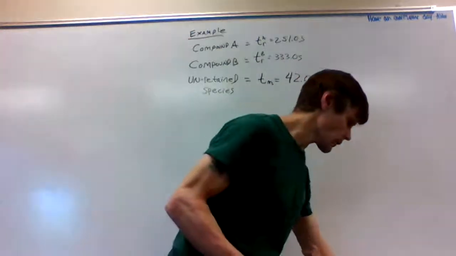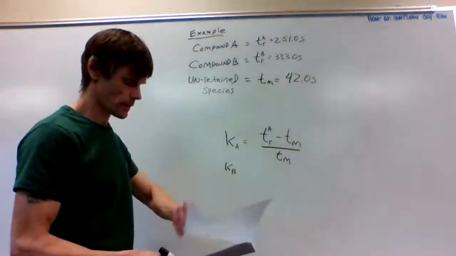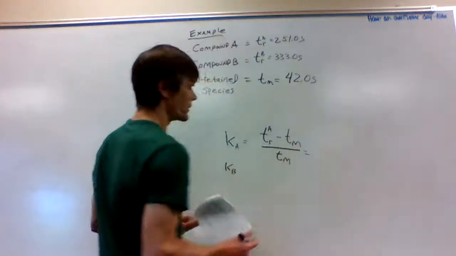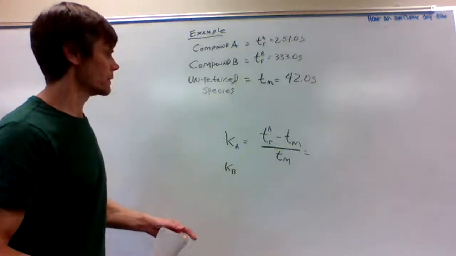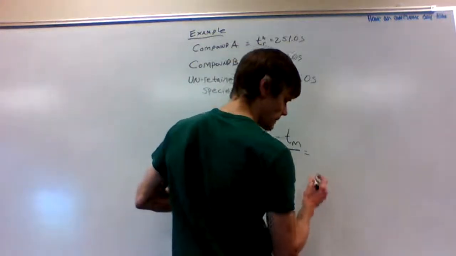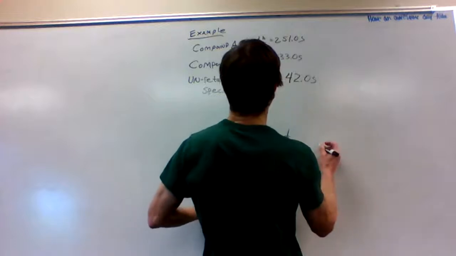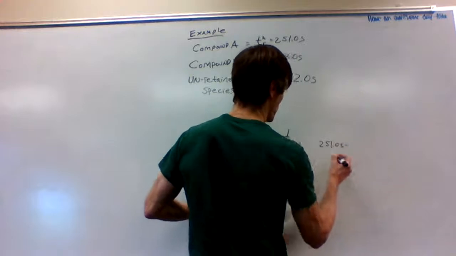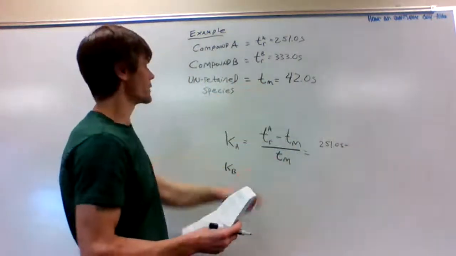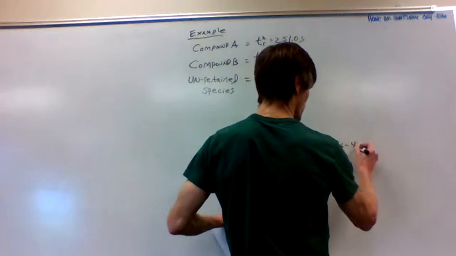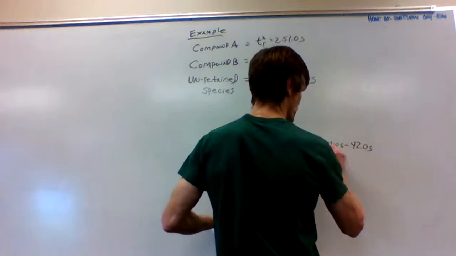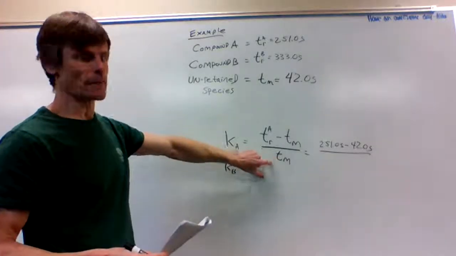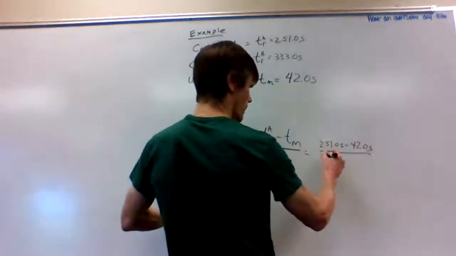So let's go in and calculate a retention factor for A first. Pretty simple calculation. It's plug and chug. We're going to put the retention time for A, 251, minus the retention time of our unretained species, divided by the retention time for our unretained species.